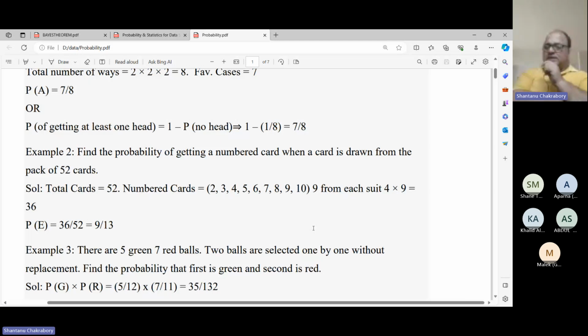So the total probability is 35 by 132, since 12 times 11 is 132 and 5 times 7 is 35. That is the probability that the first ball is green and the second ball is red. Okay.